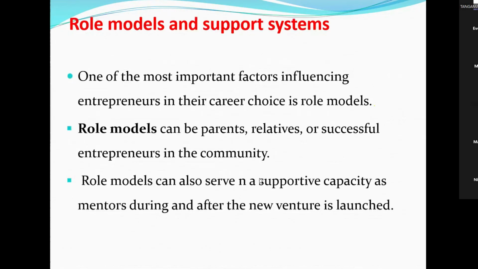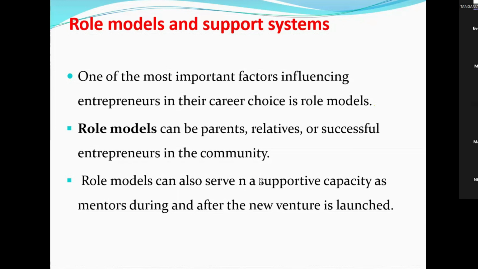There is a role model and support system also as factors. This is also the most influential in entrepreneurs' career choice as their role model. Can it be the parents, relatives, or successful entrepreneurs in the community? You can look at your peer, or your parents, or neighbors you lived with, or people who have left success in entrepreneurship, and that can be a factor that makes you go for it too.